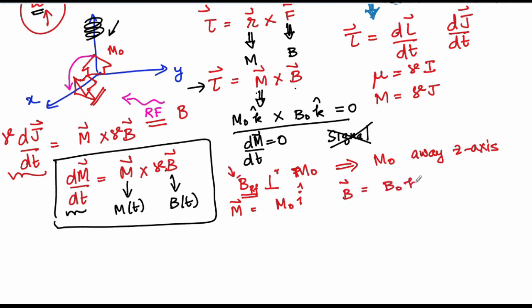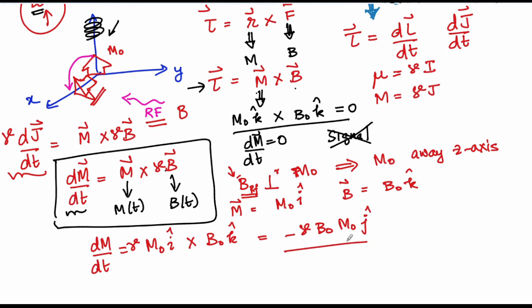And when you turn off this RF field, you end up getting dm over dt as a cross product of m0 times i, cross B0 times k, with a gamma that goes up front. And we know that i cross k is minus j, so you end up getting gamma B0 m0 along minus j.